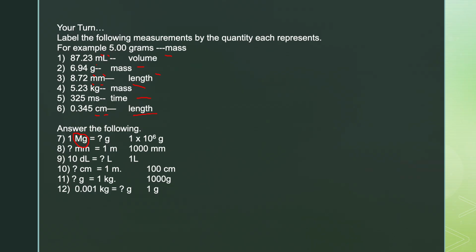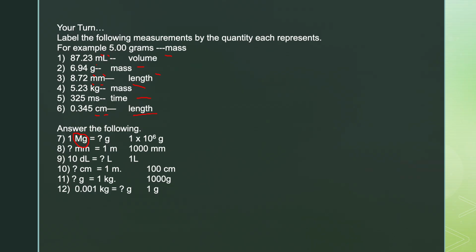On number 8, I'm looking for how many millimeters to equal a meter. Well, I know milli's small. It's 1,000th. So I need 1,000 little millimeters to equal my 1 meter.